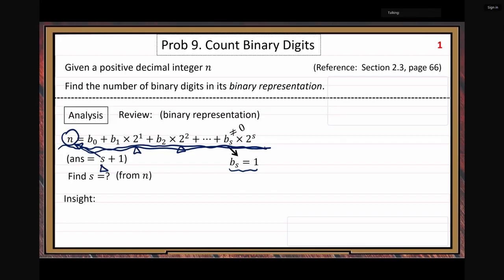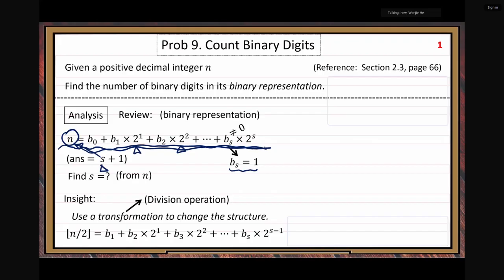On the left-hand side, we get n over 2, but we take the floor function. We know it's integer division, but mathematically, in order to avoid confusion, we use the floor function.